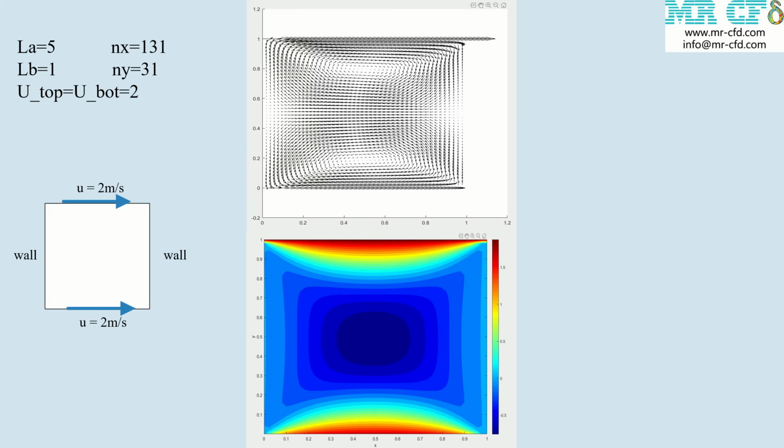Additionally, by altering the boundary conditions, we can solve for flow patterns under different properties. For example, consider a scenario where the velocity at both the top and bottom sides of the geometry is set to 2 meters per second in the same direction. In this case, two vortices may form, rotating in opposite directions, located within the top and bottom sections of the domain.